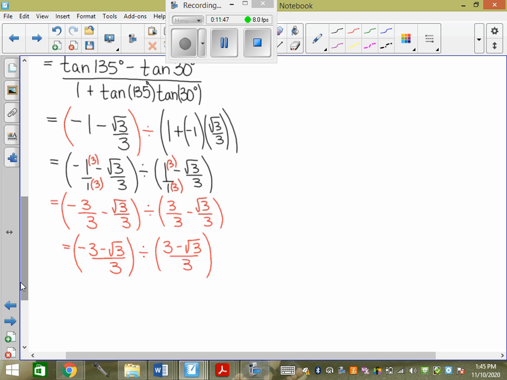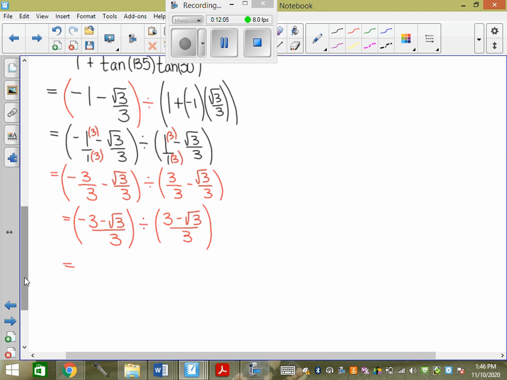Now, on both sides of those division symbols, do I have full fraction divided by full fraction? Yes, this is one whole fraction, that's one whole fraction. Only once I have that can I flip and multiply. But that has to happen first. So I'm going to get negative 3 minus root 3 over 3 times 3 over 3 minus root 3.